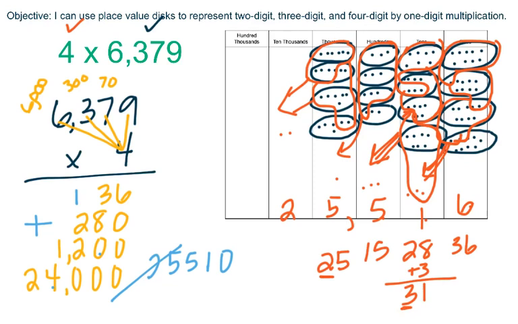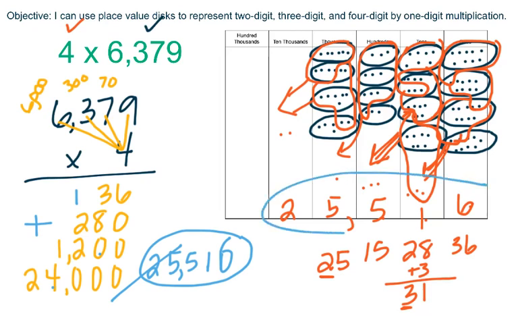And 2 plus nothing is 2. So notice all those place values are lined up really nicely to help me add super easily. Got to place my comma. And I end up again with, oh, this should be a 6, my bad, with 25,516, just like I did over here on the chart, but in a lot less time.